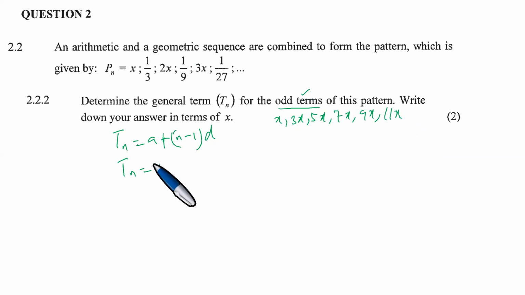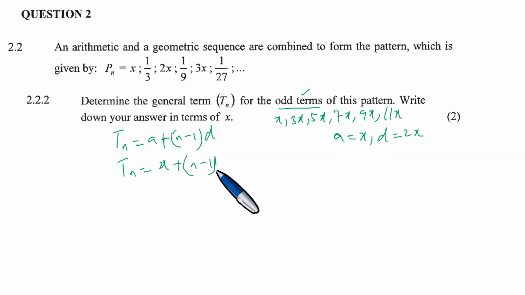But the first term is x, and then you find the common difference, which is 3x minus x, which is 2x. So which means the first term is x plus n minus 1 into the common difference between the odd ones.